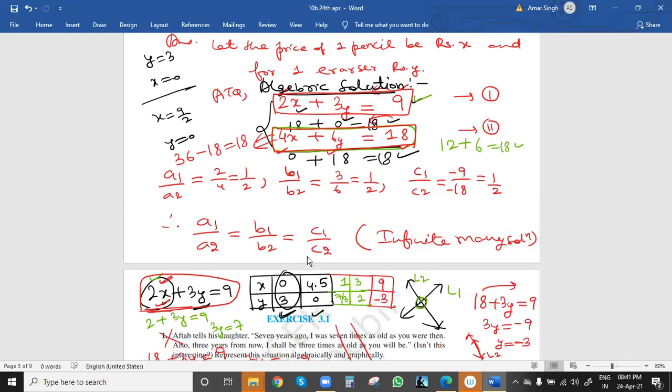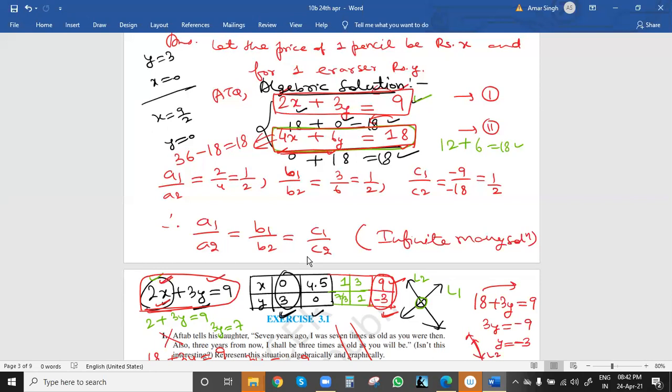After that we have checked these values in the second equation, because this was the first equation. These will be solution values, because this point, x equal to 9 and y equal to minus 3, satisfies equation 2. Satisfying means left hand side equal to right hand side. When we put x value 9 and y value minus 3 in the left hand side of this equation, it comes equal to the right hand side.